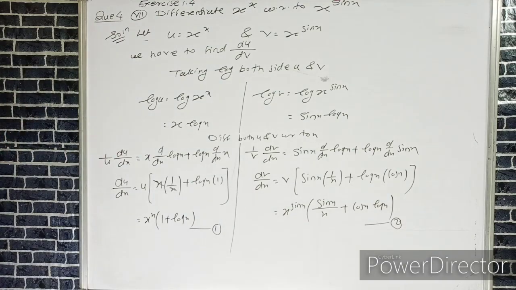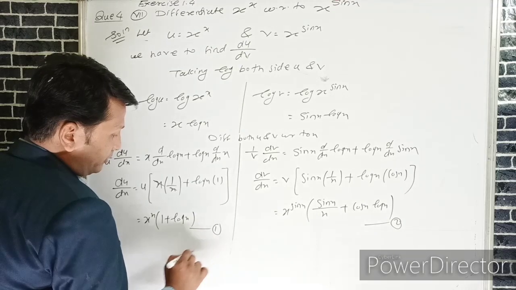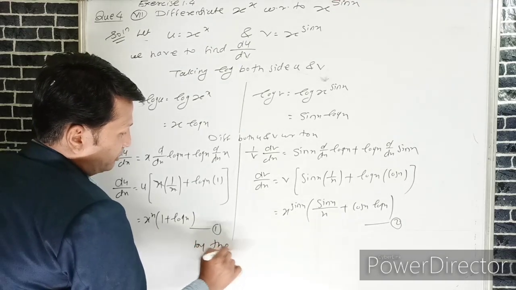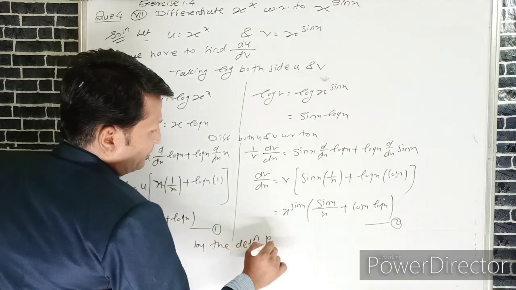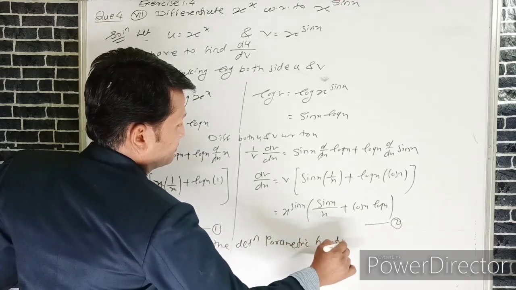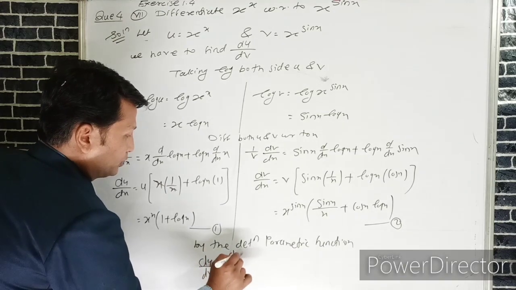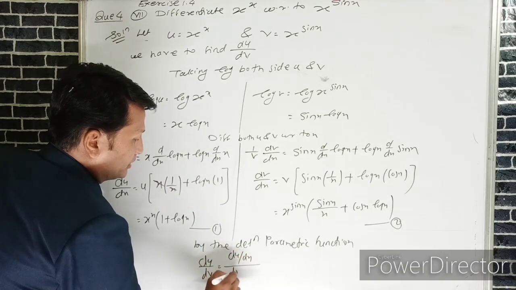But here we have to find du upon dv. Therefore, by the definition of parametric function, du upon dv is equal to du by dx upon dv upon dx.